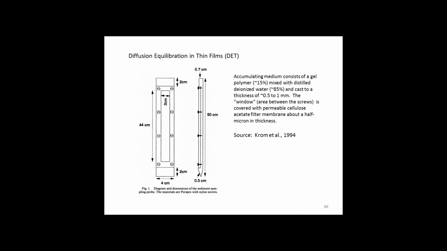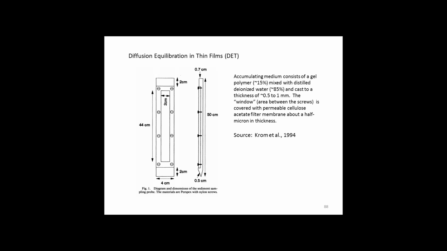This is a DET, or diffusion equilibration in thin films, device. There's a gel that's mixed and then put into the center of this device. It's actually a shallow cavity, about a half millimeter to a millimeter thick.